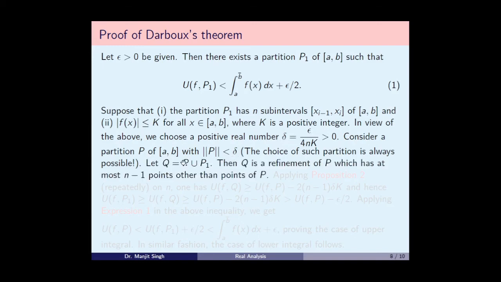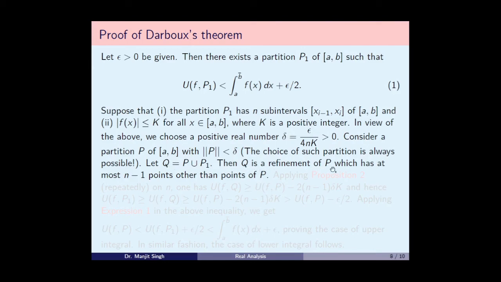So now we have two partitions, P and P1. Partition P has norm less than delta. So let Q be the union of these two partitions.